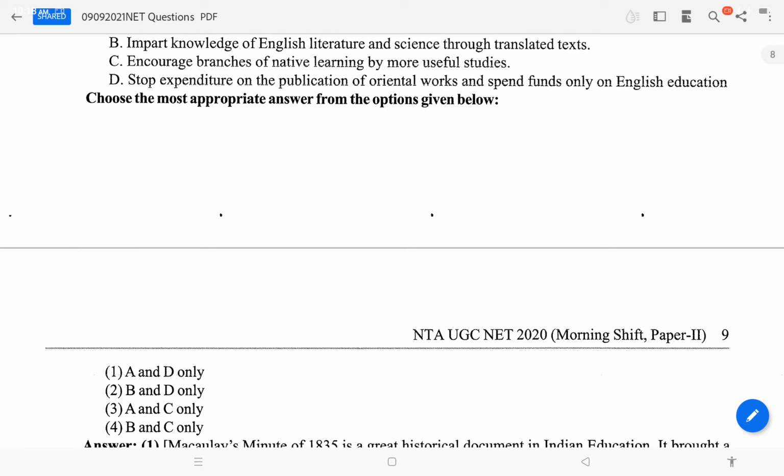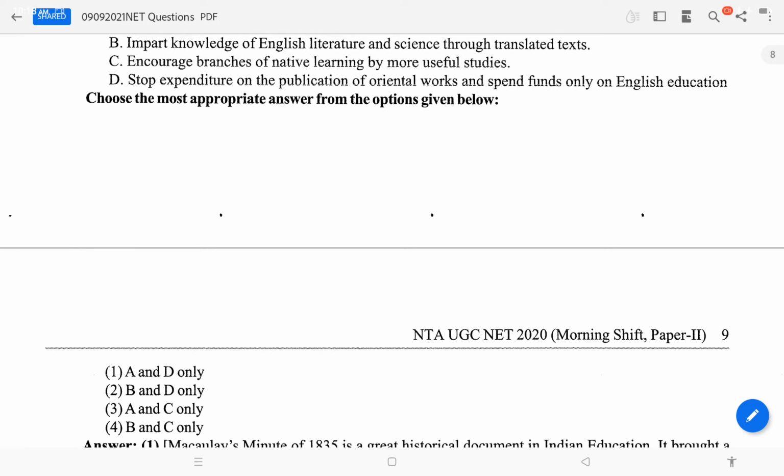This is his famous speech, which he wrote in the letter: Indian in blood and color, but English in taste. Their taste will be like English people, in opinions, in morals, and intellect. Macaulay wanted the government to spend money only on imparting Western education in India, not on Oriental education.